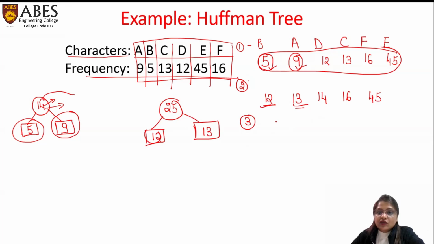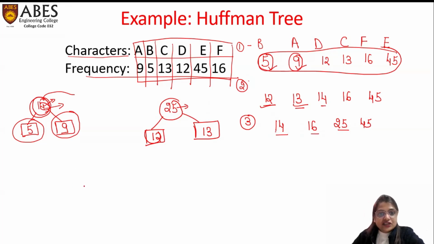Again, we will arrange the sequence: 14, then 16, then 25. You have to notice, I am also assigning the value of internal node 14 here, and the next internal node value here. Then again, I will extract the two minimum nodes, which are 14 and 16.